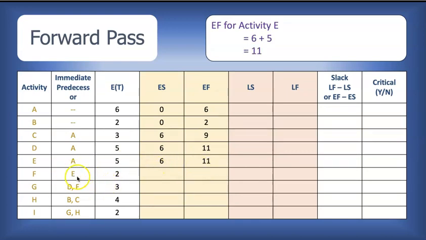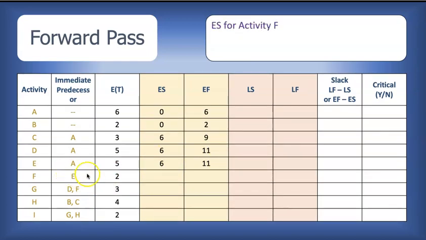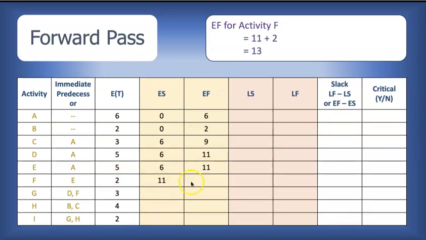Activity F follows activity E. So the earliest start time for activity F is the earliest finish time for activity E, which is 11. Earliest finish time for F is 11 plus the expected time of 2, 13.